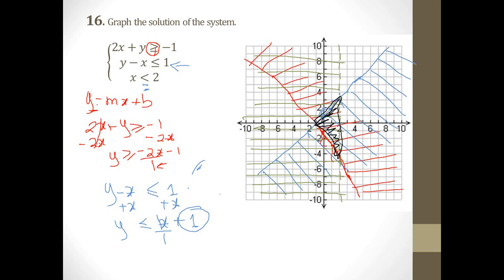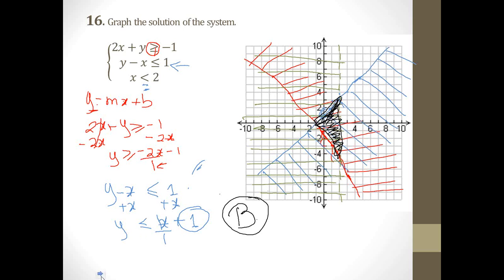So this is actually my answer. In your review, the answer sheet is going to be answer B. All right, looks good. Next question.